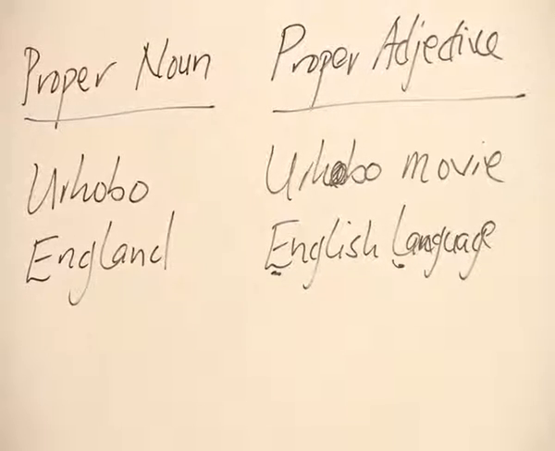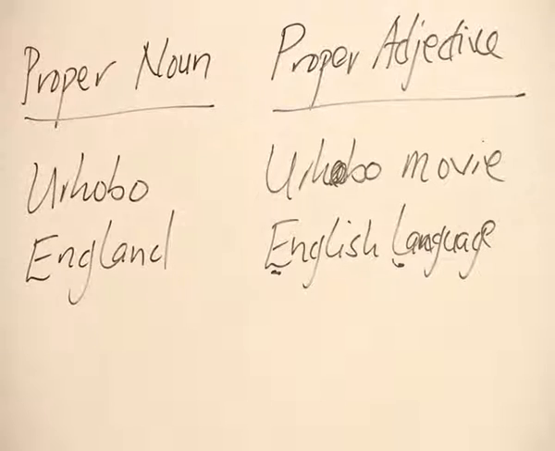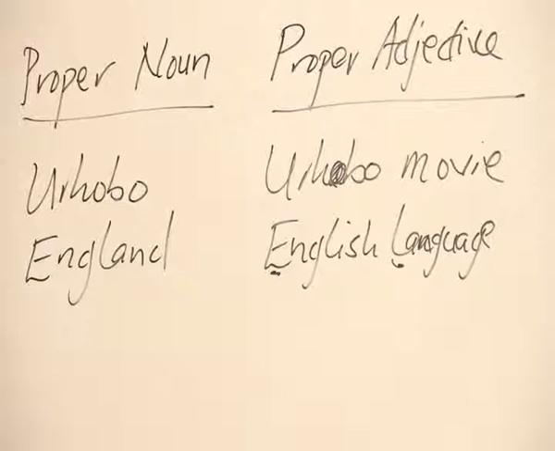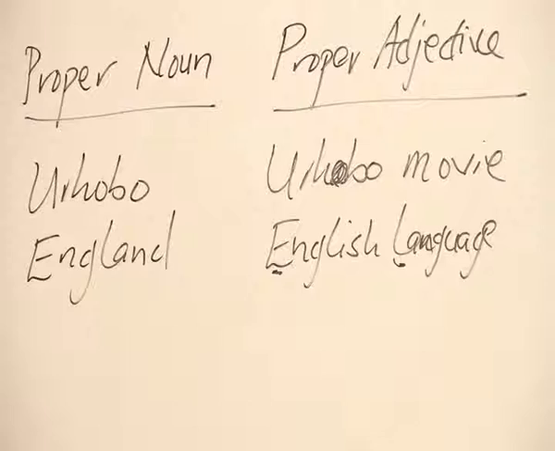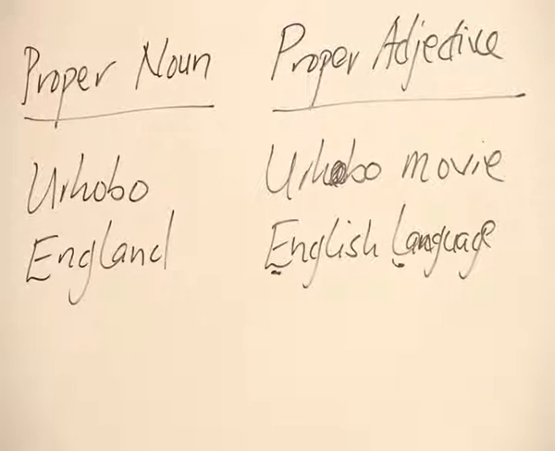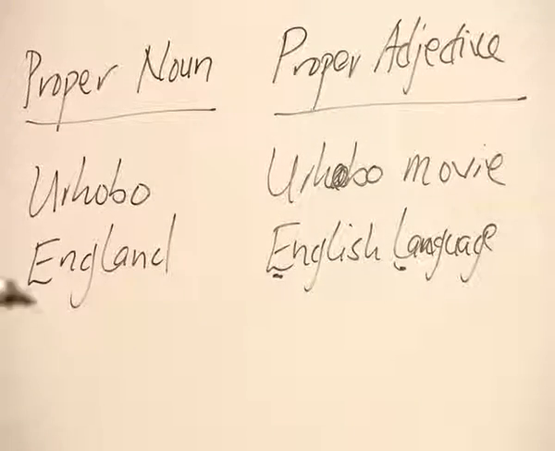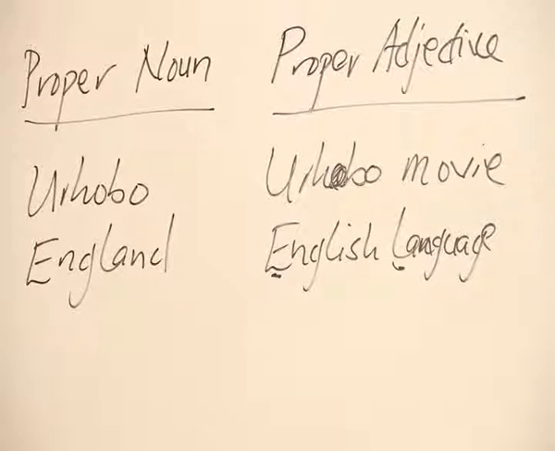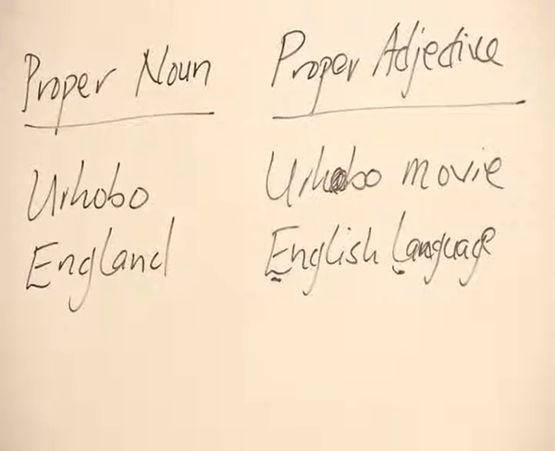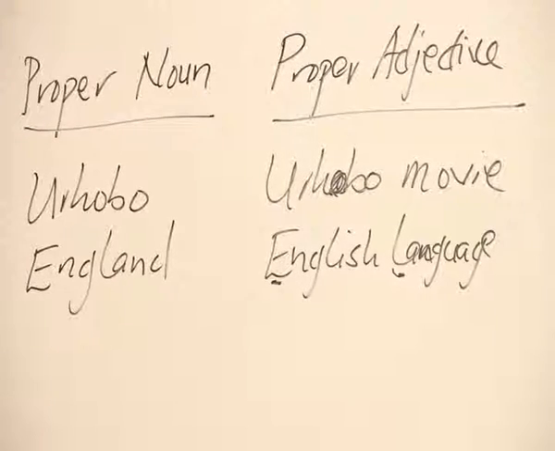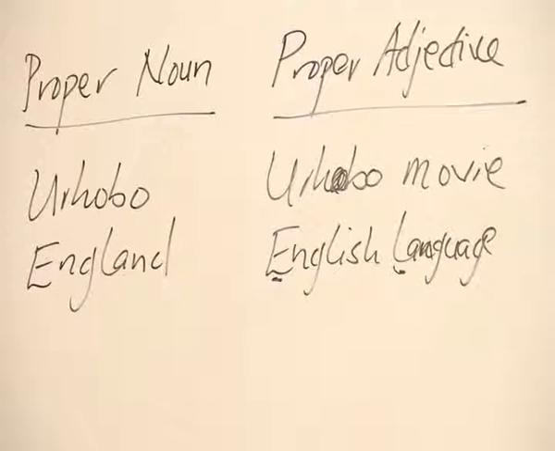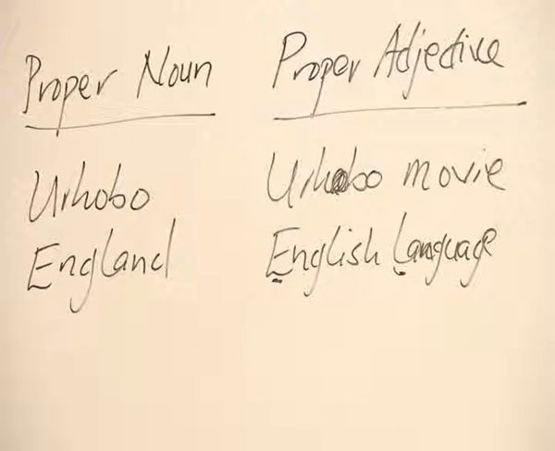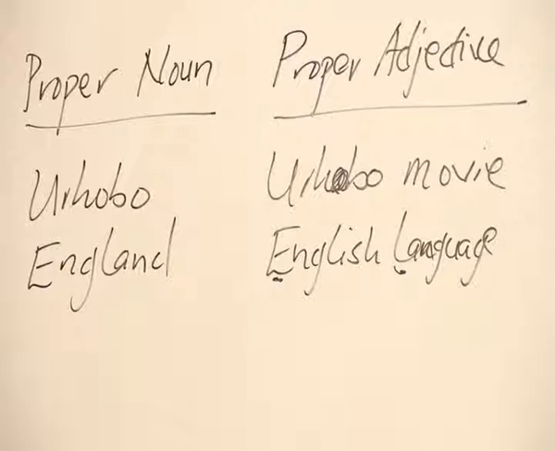The language is not compulsorily a capital letter, except if you are writing English language as a heading, as a topic. Then of course another rule will apply for L to be made a capital letter. But if it's just written in a sentence, for example, I speak the English language, English will be a capital letter, but the L will be a small l.